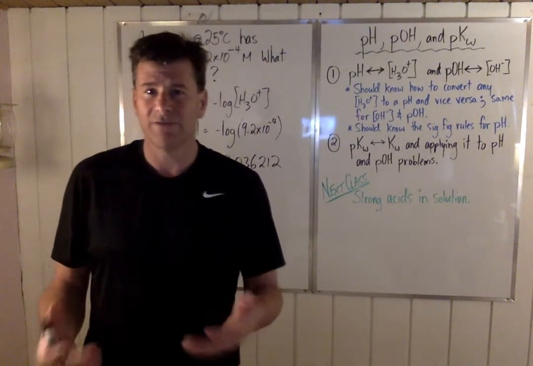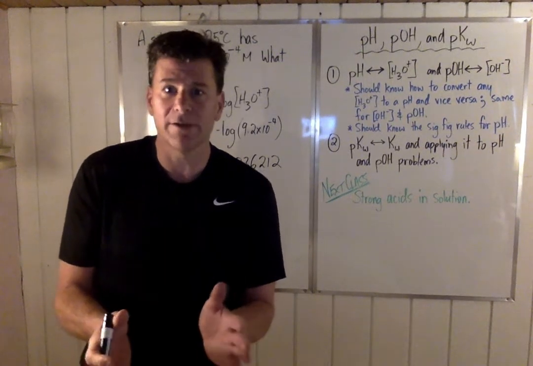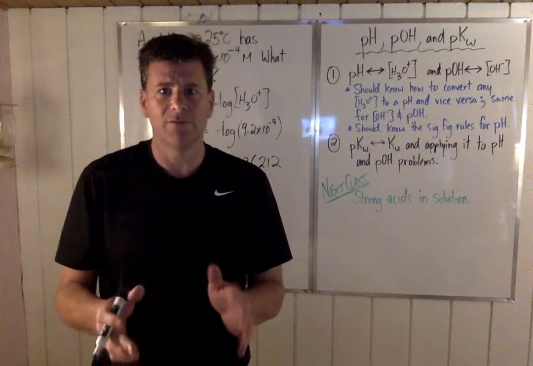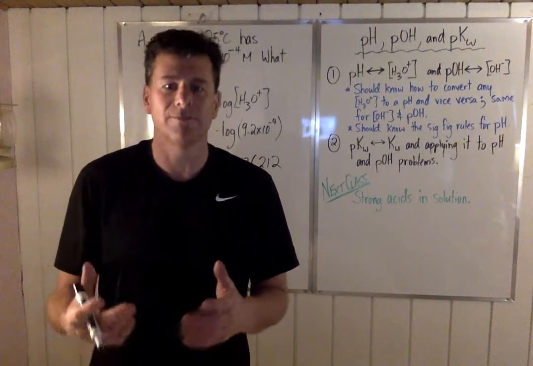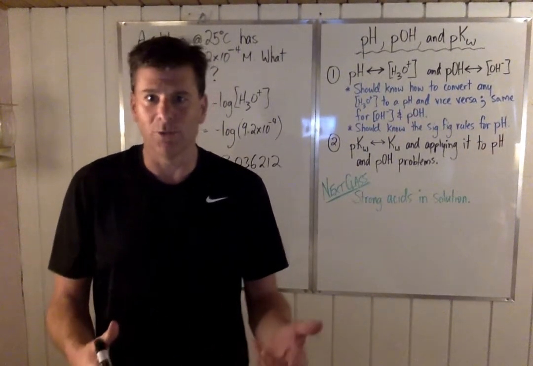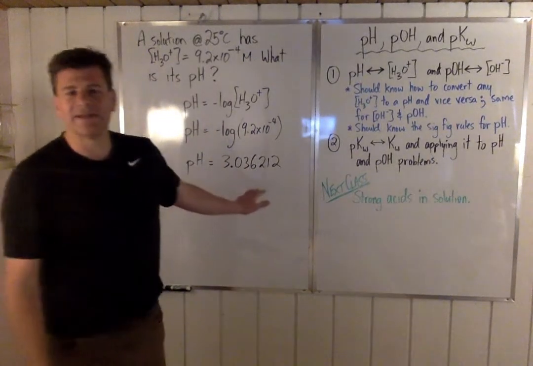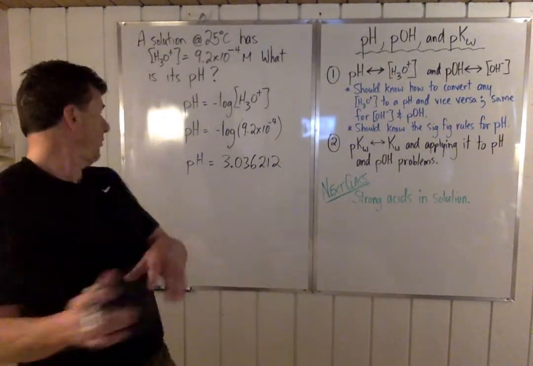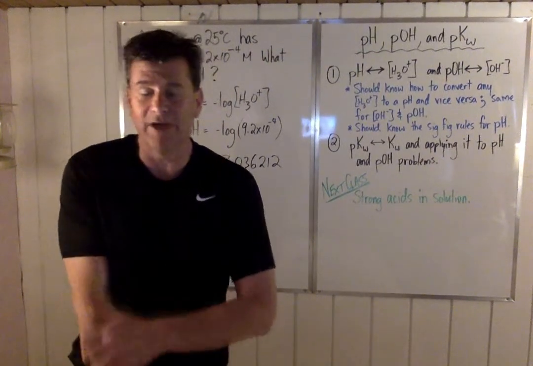So pH of 4, and then it should be on its way to 3. So it should be between 3 and 4 somewhere. So 2 is off. So you can use your mathematical logic to anticipate what's right and what's wrong when you finally come up with an answer. Okay, so this has got to be in the neighborhood. 3.036212 is in the neighborhood. So I'm pretty happy with that value.